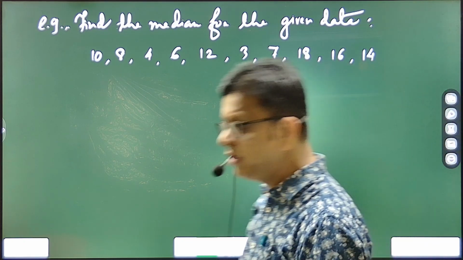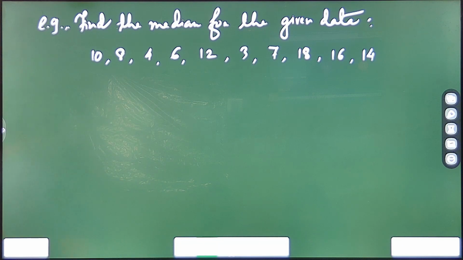Try. Now it is even data. The rest of the things are the same. The formula will be different. How to start? Arrange them in ascending order. Then you count n.